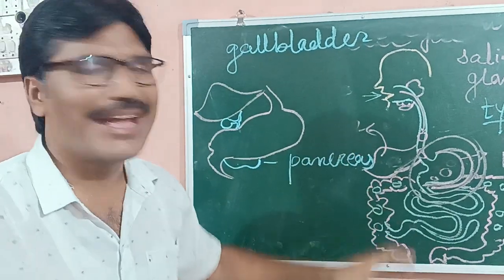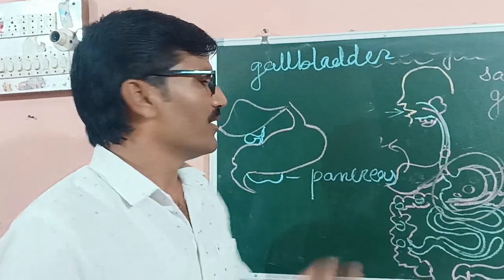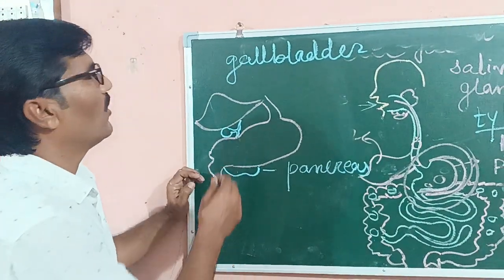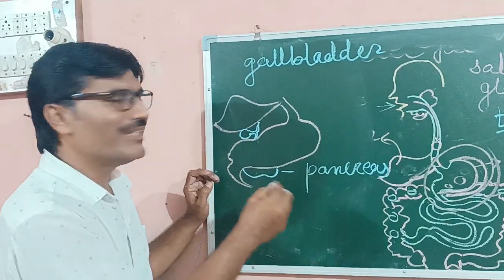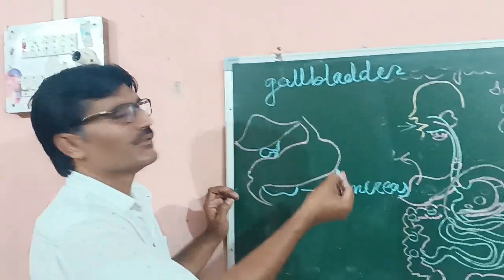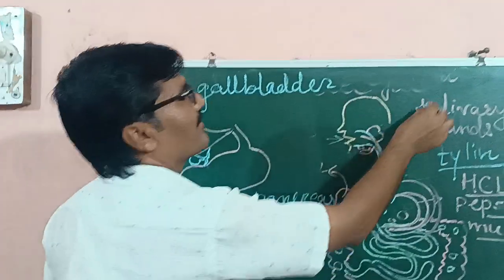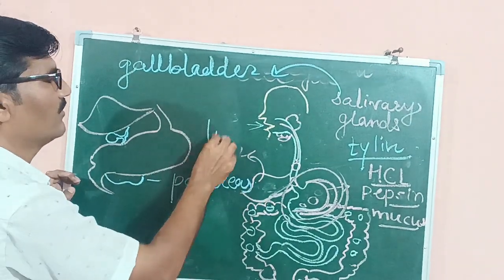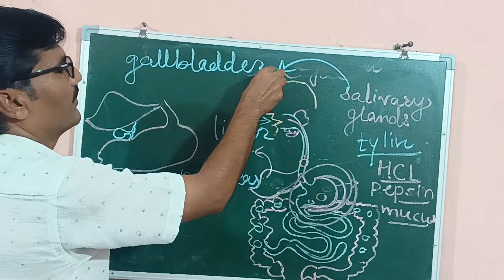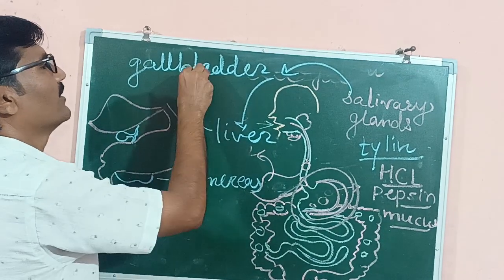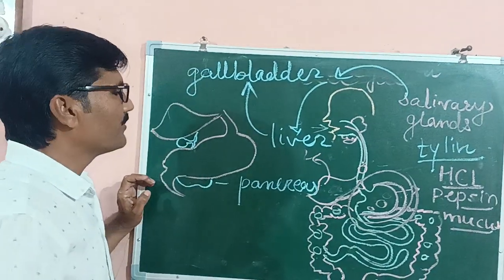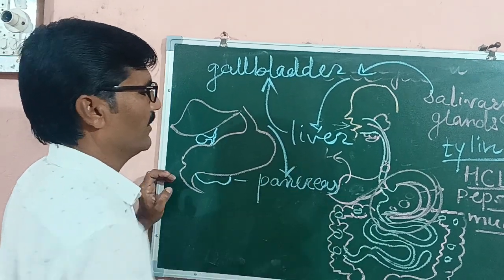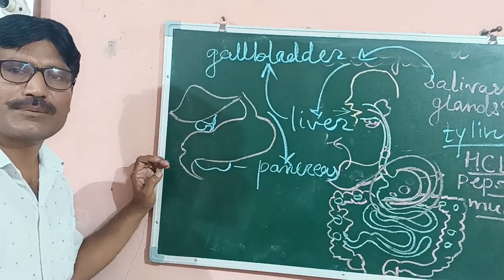So all these accessory glands support our alimentary canal. Which are these glands? Salivary gland, after that liver, after that gallbladder, and the last one is pancreas.